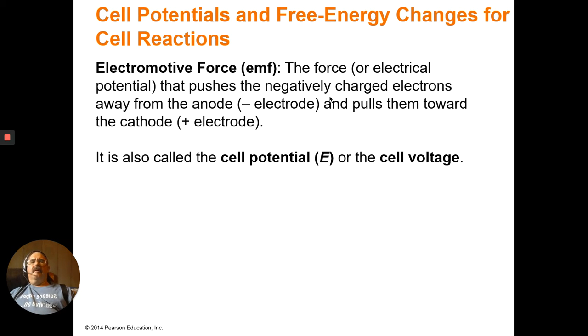If we think of electrons flowing through a wire in the same way as water flowing through a pipe, voltage or EMF is a lot like the water pressure. Electric current is what we measure as the flow of electrons. That can be thought of like the flow rate of water through a pipe.